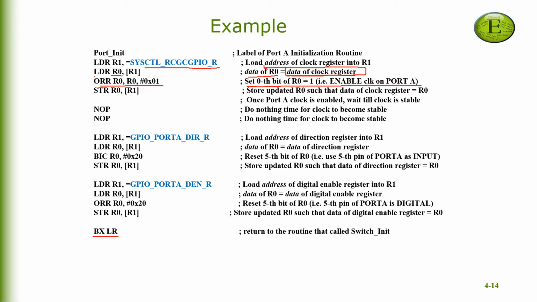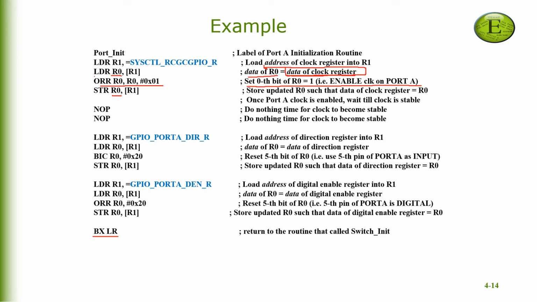But that's not done unless we write back the updated value, because the value has just been updated inside the register, not on the clock register yet. So we need to write back the updated value.